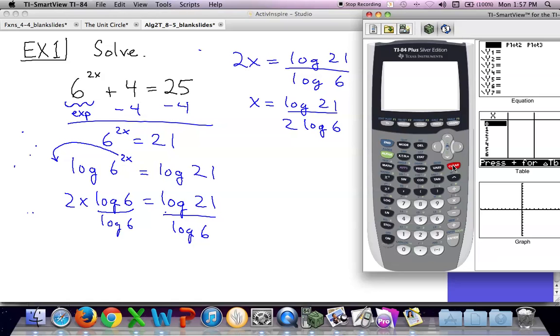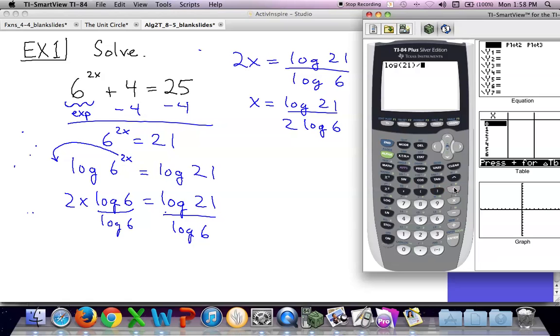For example, when I put in log 21, the calculator put in the left parenthesis. If you don't end the left parenthesis, it's going to put what follows in that first logarithm, which is in the numerator. It won't be right. So by all means, you have to end the log of 21 by putting a right parenthesis.